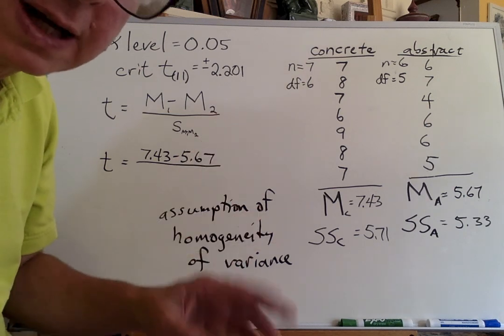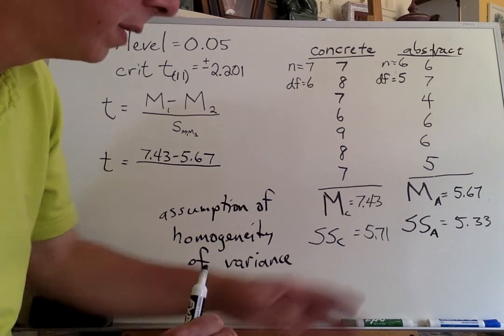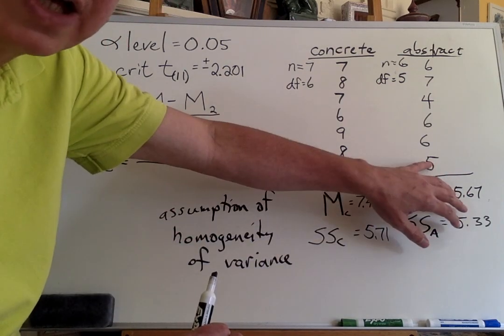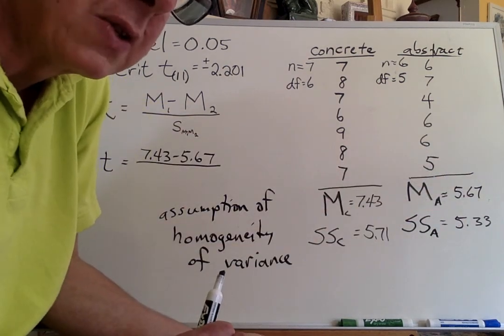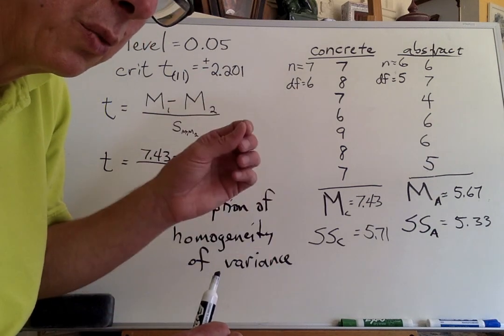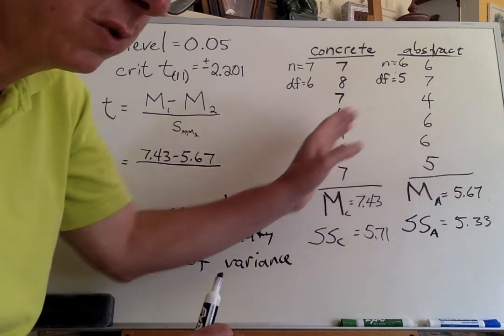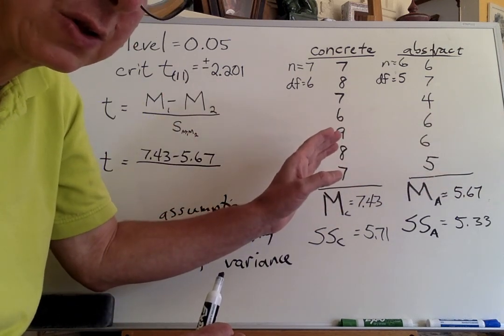Well, there's two possible outcomes, right? If we fail to reject the null, these two came from the same population, so they should have about the same variability. If we reject the null, then we're saying these two came from two different populations.